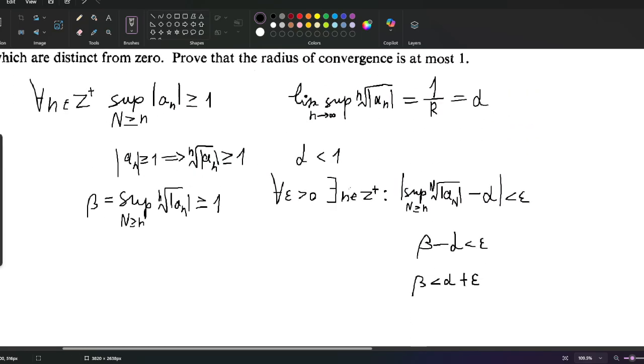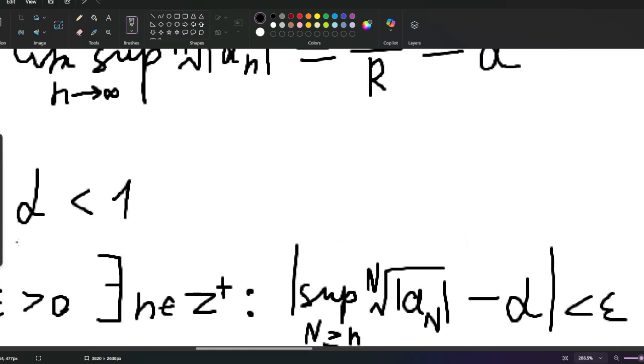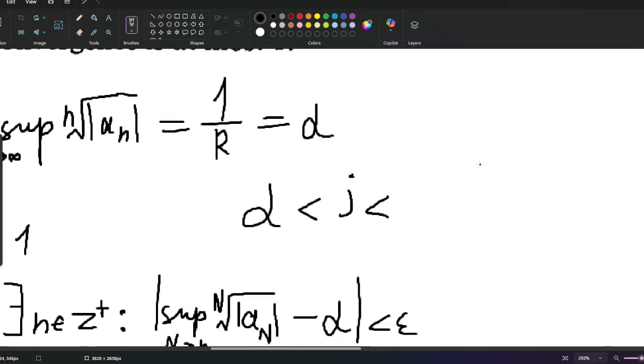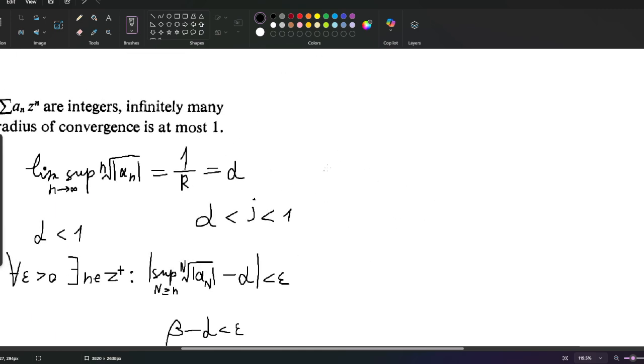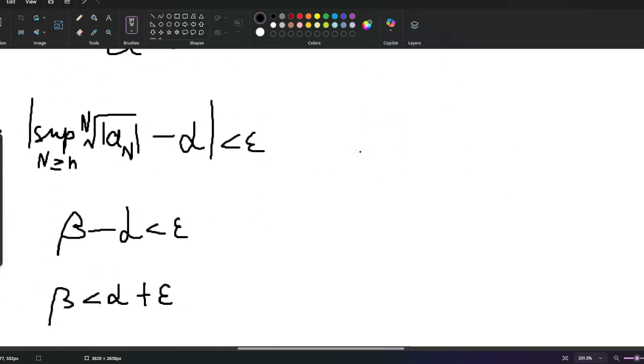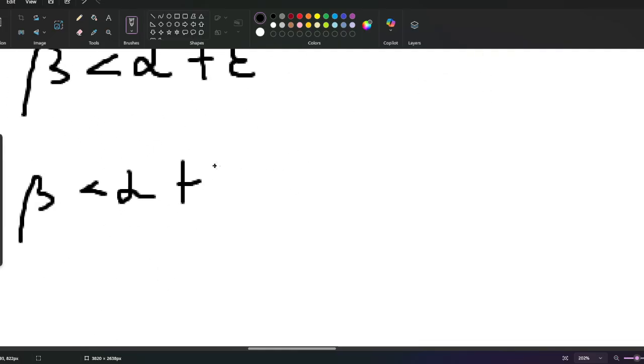Now recall how alpha is less than 1. It means that between alpha and 1 we can pick some number. Let's call it j, which is less than 1. Next, we're going to say epsilon is equal to j minus alpha. So what we have here is beta less than alpha plus j minus alpha, which is equal to j.